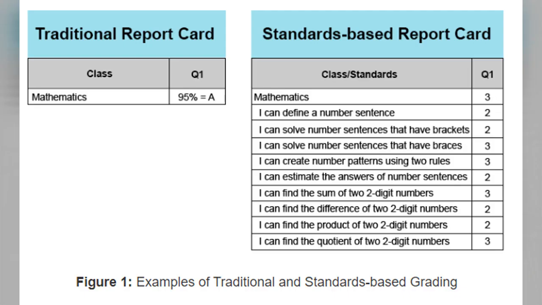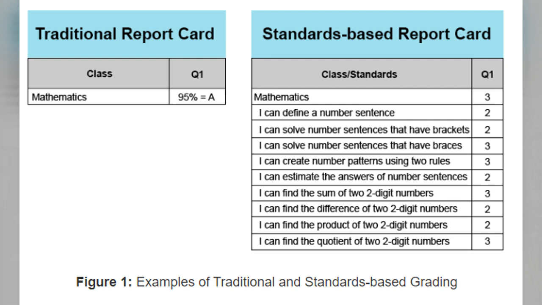But to compare, let me give you an idea of how each one looks and how they differ. Traditional report card grades list simply the subjects, reading, math, and then give a percent or a letter grade. Standards-based grade cards are able to break down the specific smaller skills the student is learning.